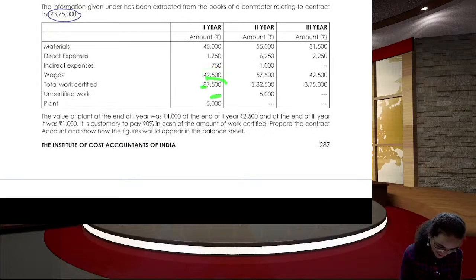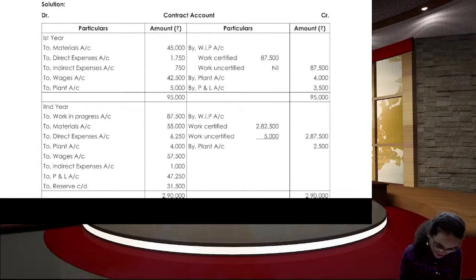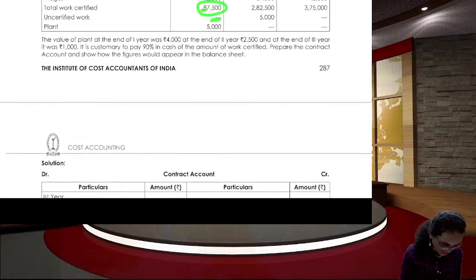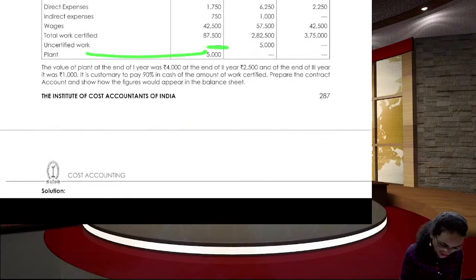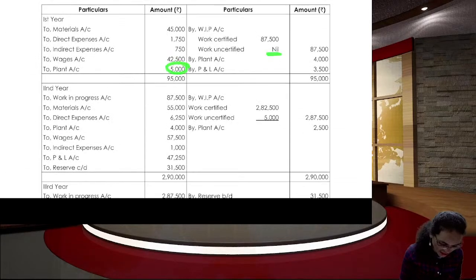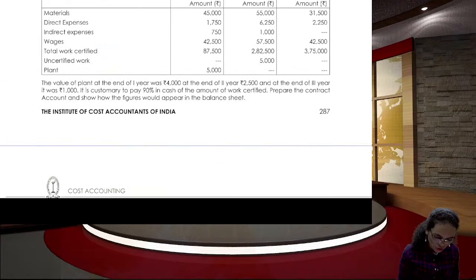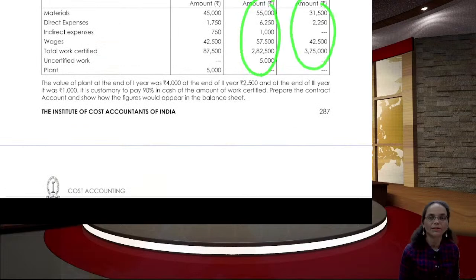Total work certified 87,500. Work certified this side 87,500. Uncertified nil. Plant in the first year, this side 5,000 rupees. So you got it. In the same manner you write for the second year and third year.